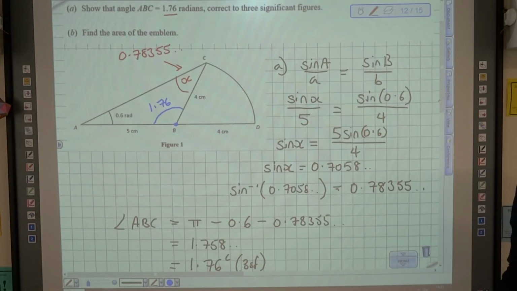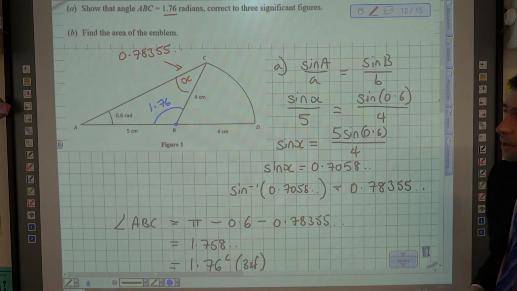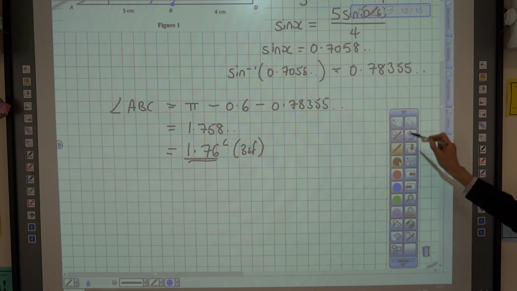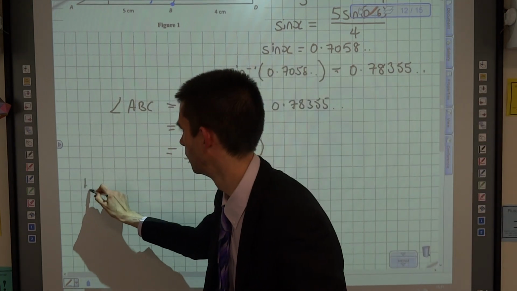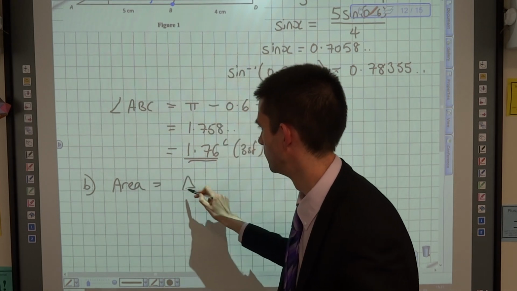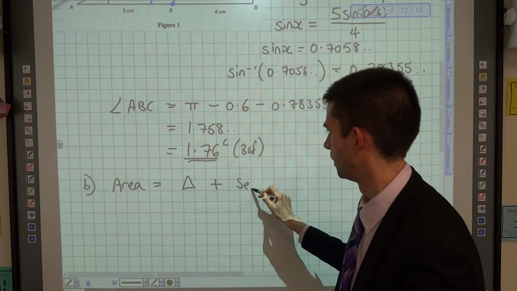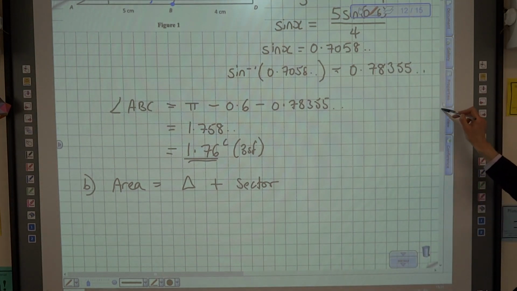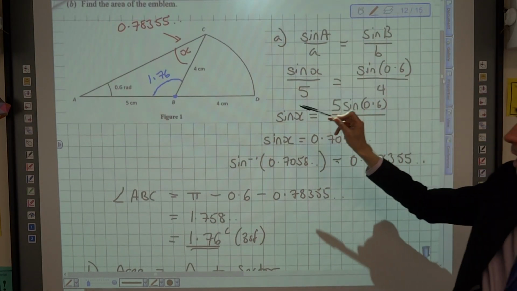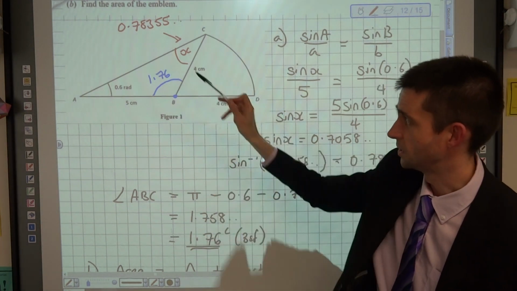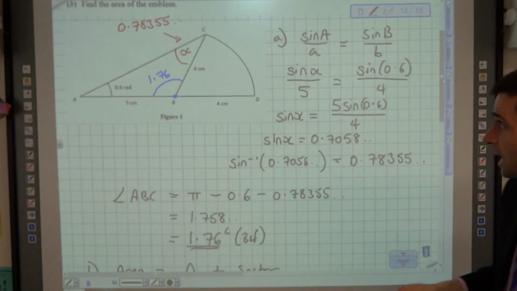Okay, and then in part B we're being asked to find the area of the emblem. So the area of the emblem, we're going to need to do the area of the triangle plus the area of the sector. Now looking at this triangle and the information that I have, I'm going to have to use half AB sine C with 1.76 as the included angle.